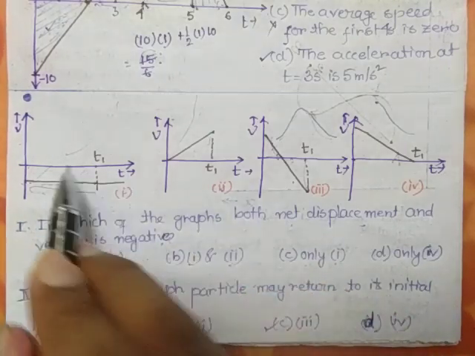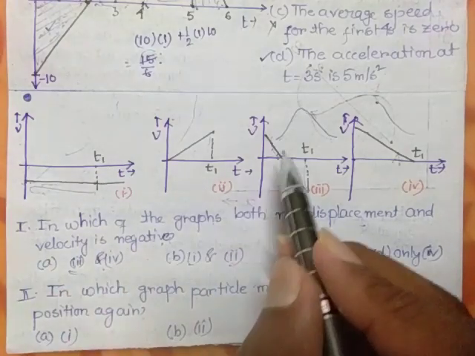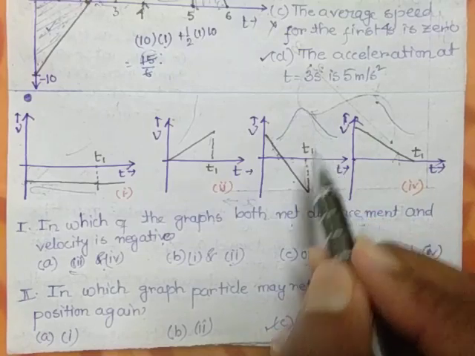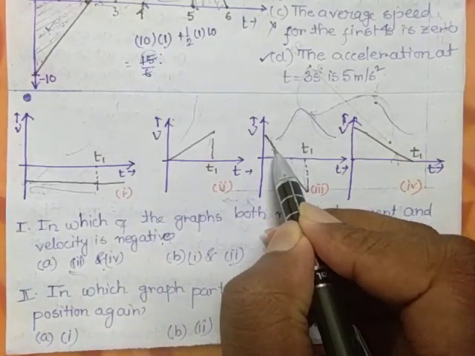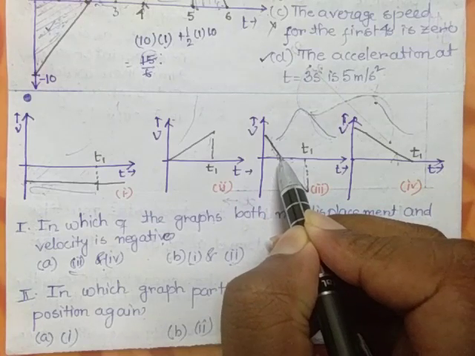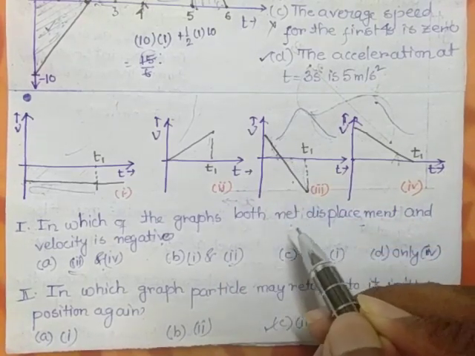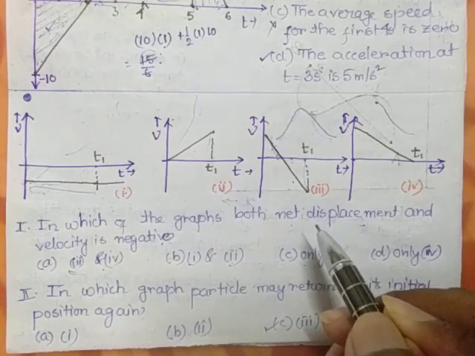There is no question of these two particular cases, but here it starts from this maximum value and after that comes back to here. The velocity versus time curve is negative, negative, negative. So we can say there are lots of possibilities, multiple correct.